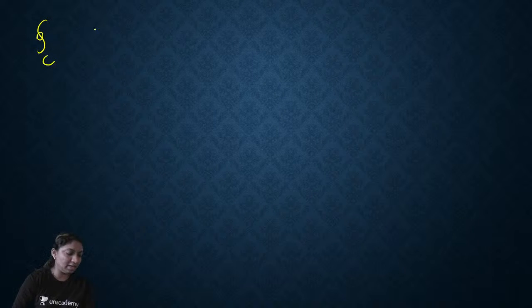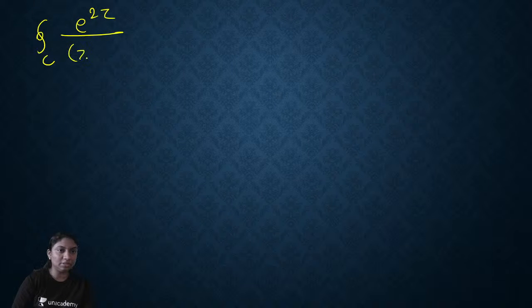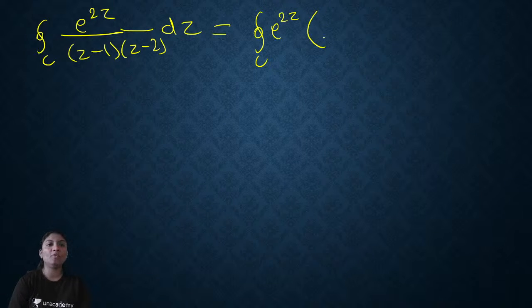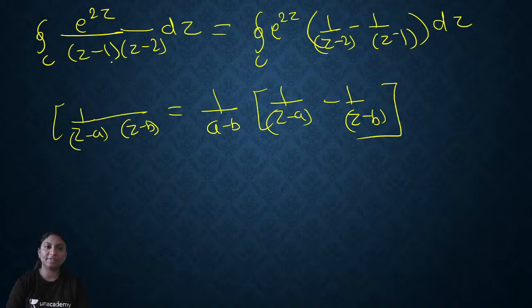The integral over C of f of z, here e raised to 2z upon (z minus 1) into (z minus 2) dz, is equal to the same integral over C of e raised to 2z into the bracket 1 upon (z minus 2) minus 1 upon (z minus 1). Here a is equal to 1 and b is equal to 2.